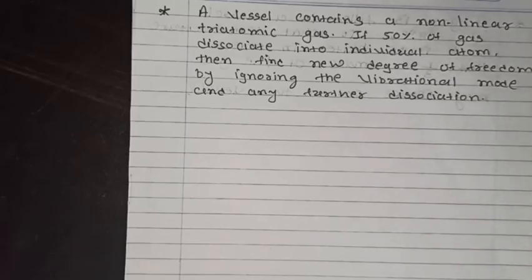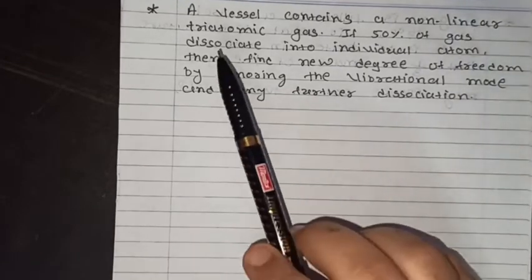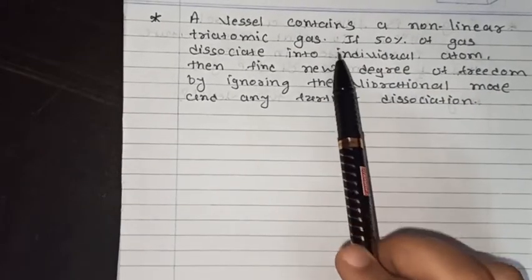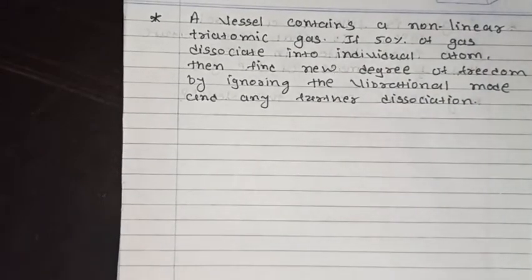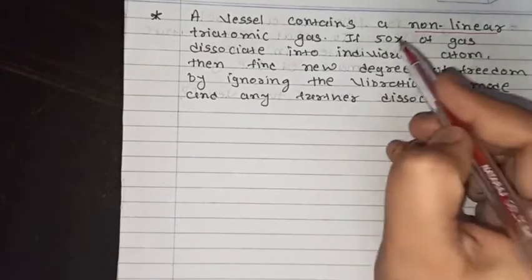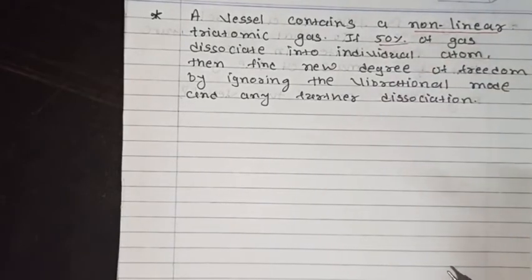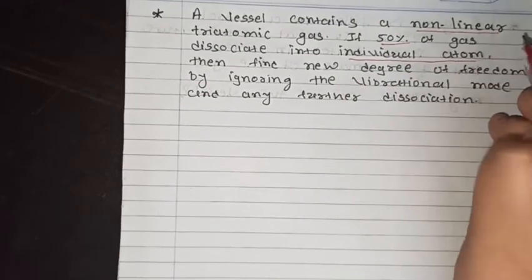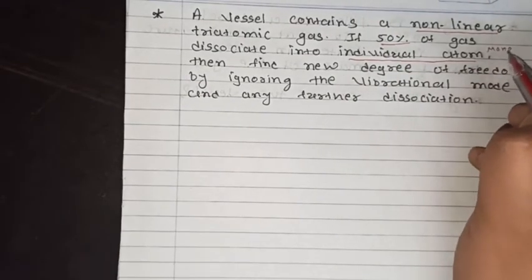Let us solve the second question. It is given in the question that a vessel contains a non-linear triatomic gas. Here focus on the point non-linear. Now 50% of gas dissociate into individual atom. Individual atom means it is becoming monoatomic.